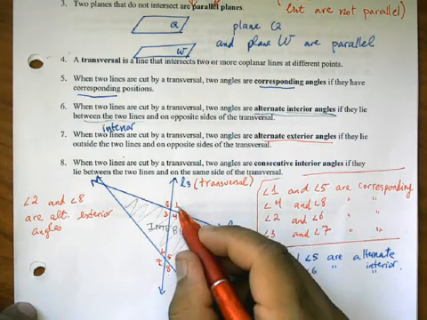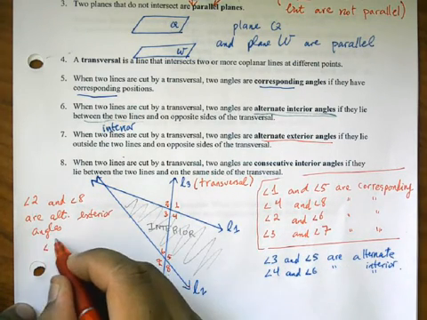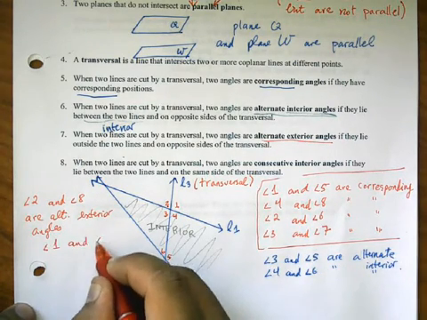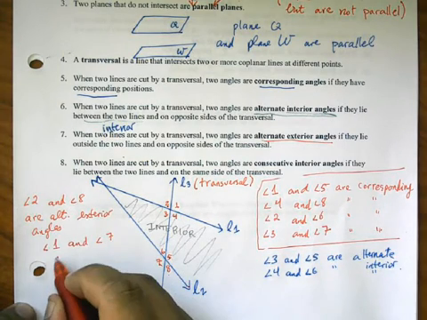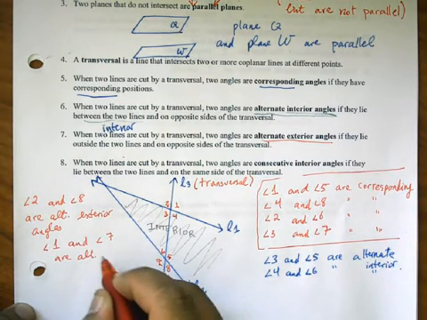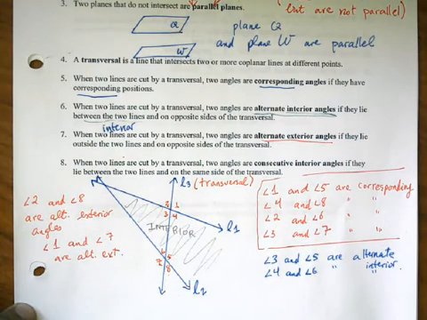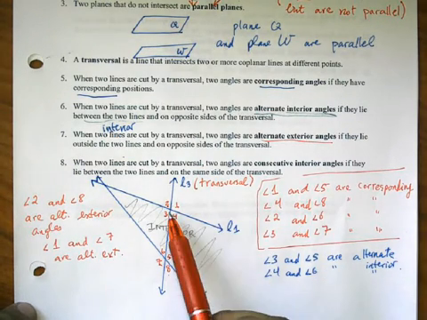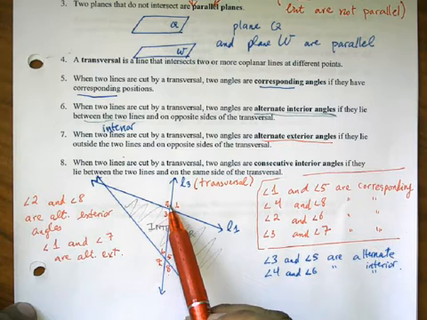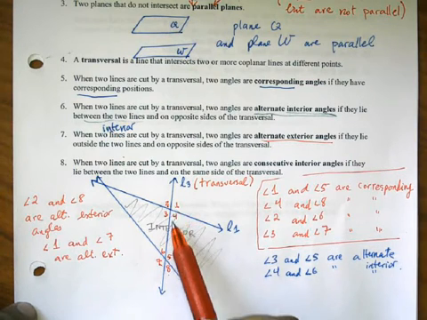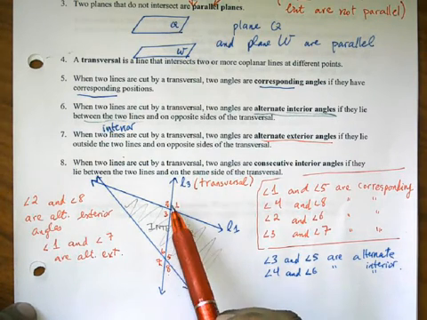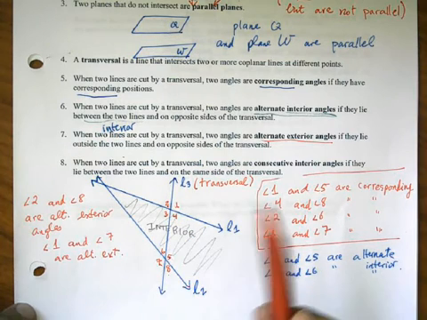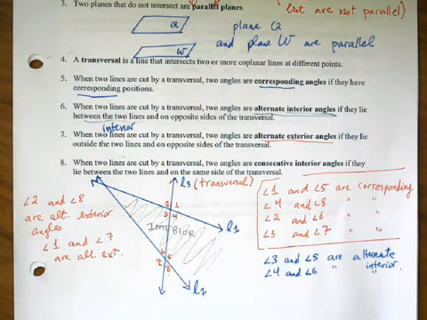Also angle 1 and angle 7. Now you might also ask, why aren't 1 and 2 alternate exterior? Well, they kind of are, but they have a much stronger relationship. They're linear pairs already, so we really just exclude that from this definition.